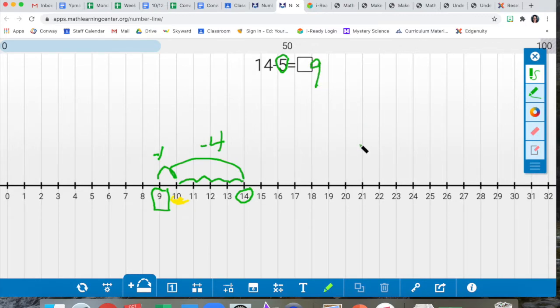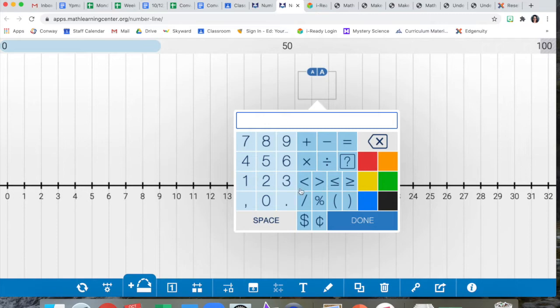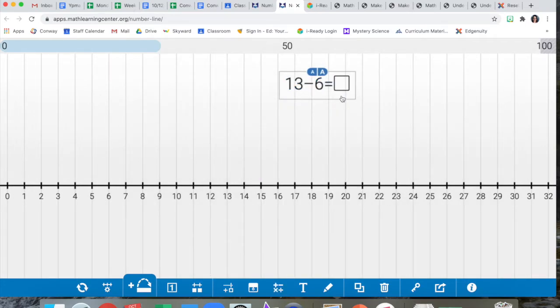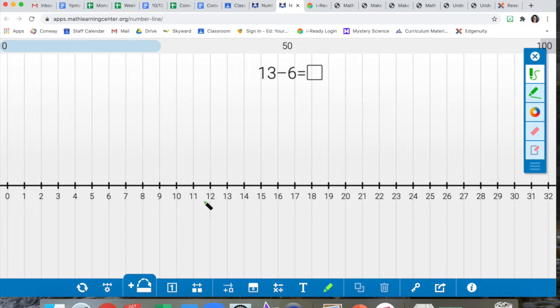Let's do another. Let's do 13 minus 6 equals something. Now, once again, we find the starting number. That's 13. There it is, 13. And let's find the nearest friendly 10.